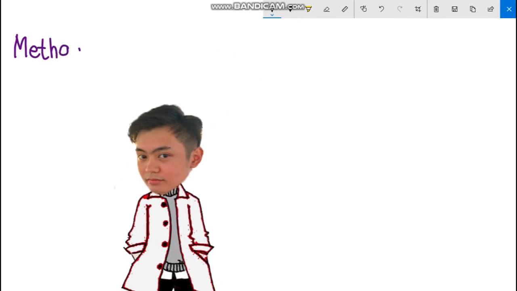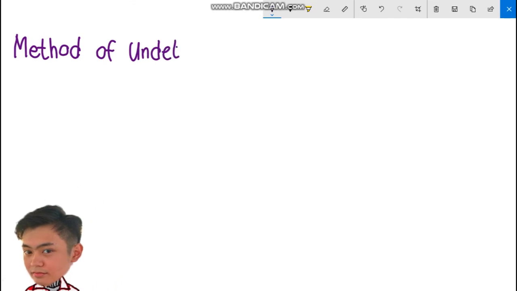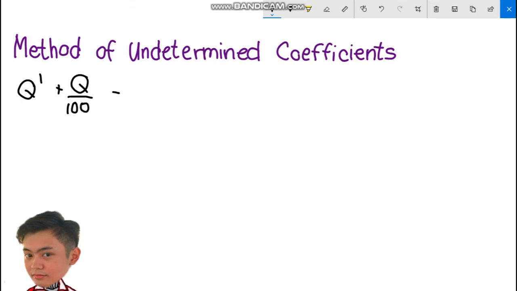Today I'm going to use another method, which is the method of undetermined coefficients. Then we're going to use the equation from earlier, which is Q prime plus Q over 100 equals 0. Then we're going to make it a characteristic equation, which is r plus 1 over 100.